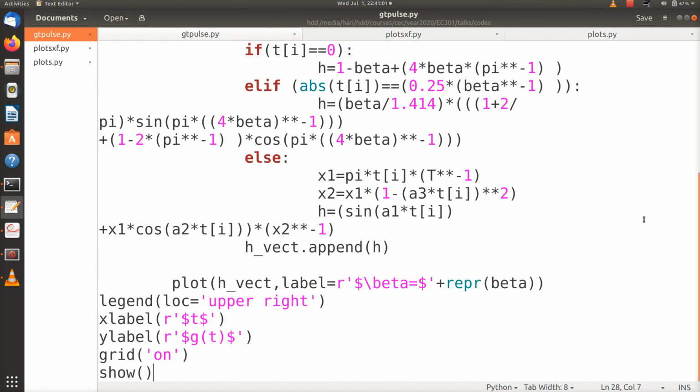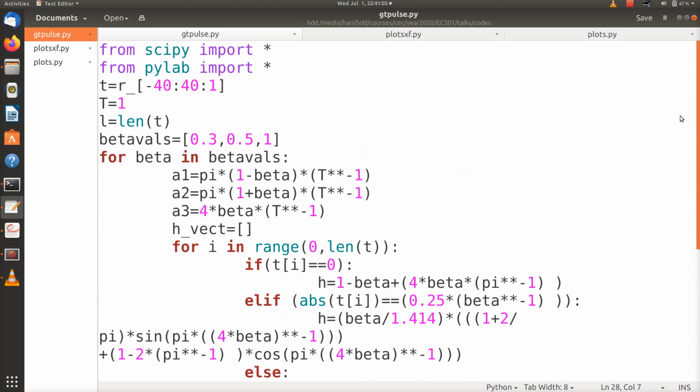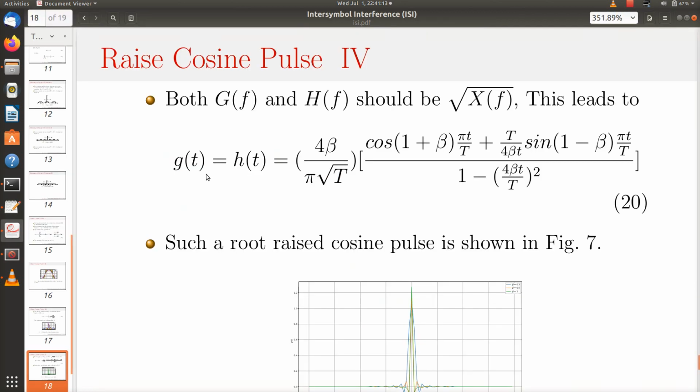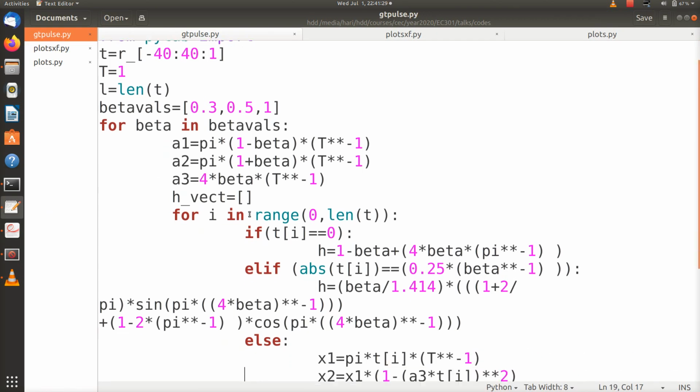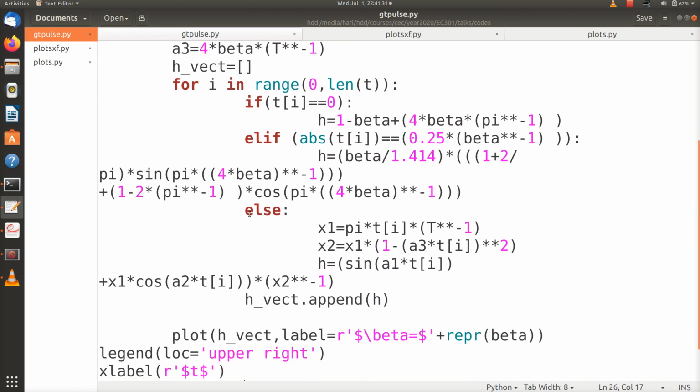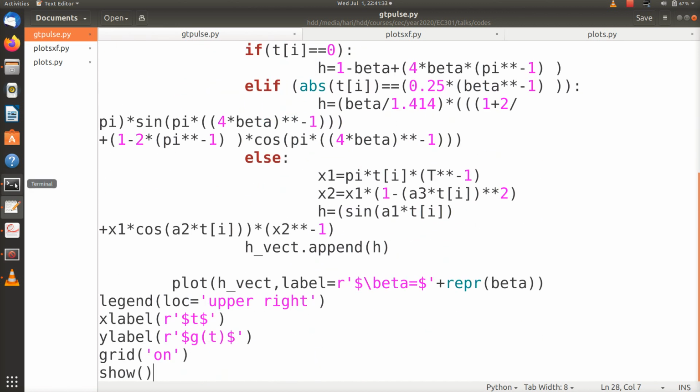Here also it is an implementation of this equation for different beta values. You can see that here I have three conditions for this. This is an implementation of this equation. I will run this.